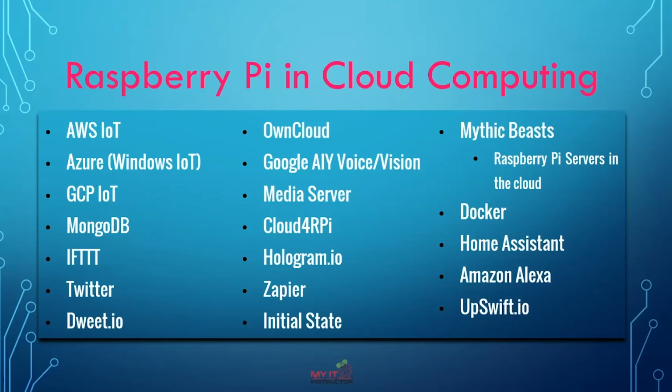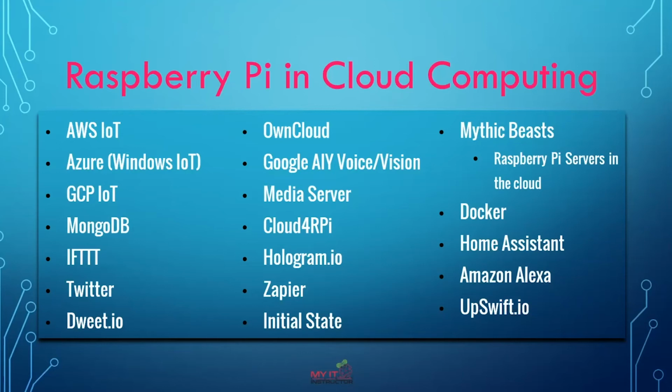We do an assignment on Initial State where students pull the four processors, the network information, the temperature and things like that. So they're pulling machine statistics right off the Raspberry Pi and posting those on charts on a web page.